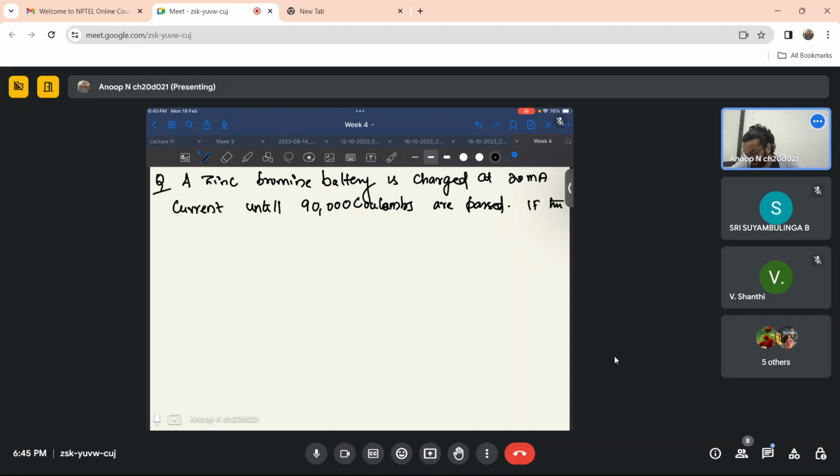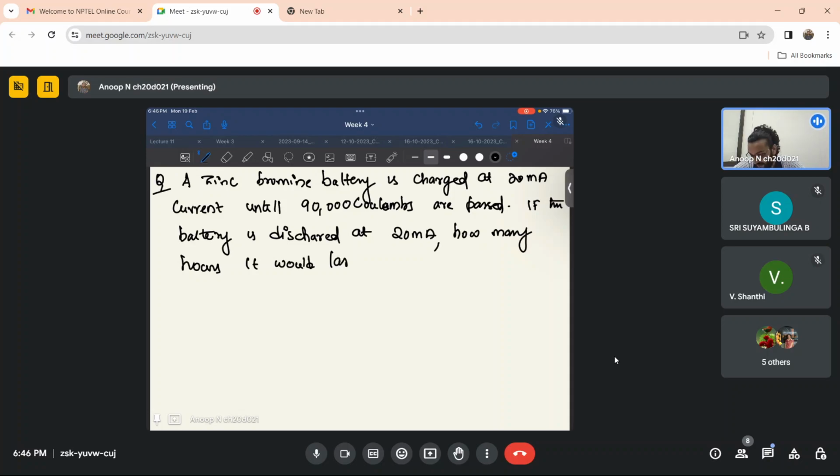If the battery is discharged at 20 milliampere, how many hours would it last, assuming it exhibits 100 percent coulombic efficiency?